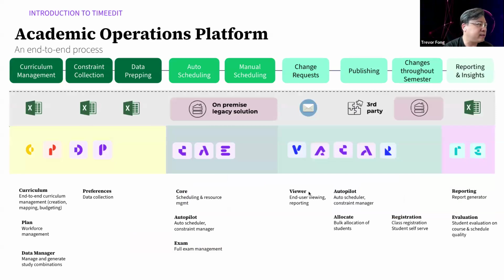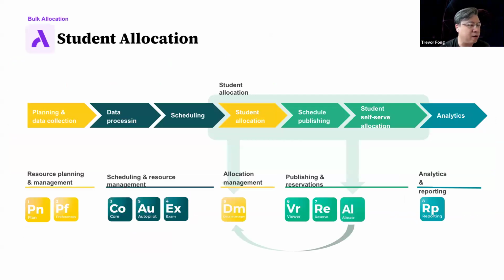Now, if you look at this, this is kind of okay. Maybe I'll skip this one and go straight to this one, which is more like the workflow that we all see. Where is Allocate? If you look from the left to the right, you have things like planning and data collection, where most of you are using preferences to set up your data, to collect your data, and then it goes into data processing before you do your scheduling. After your scheduling, I think this is where everybody is doing the work, where you do the student allocation.